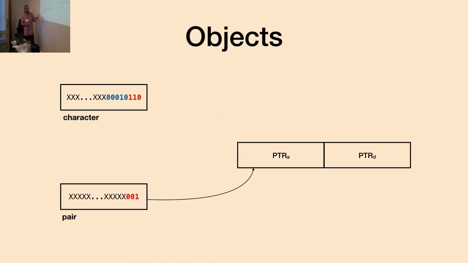For our pair, again, we know it's a pair because it has this 1 offset. Now, note that it doesn't point to the start of the pair in memory because of the 1 offset. It points 1 off from the start of the pair in memory. And like the T system before it, it just computes when the compiler is run what the offset for car should be, which is -1, and what the offset for the cdr should be, which is +7 if I'm on a 64-bit machine.